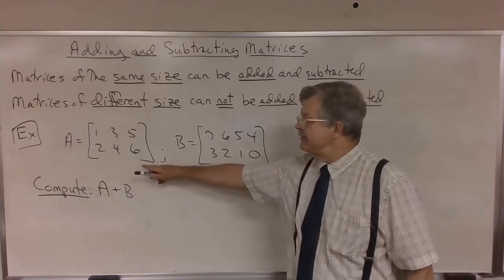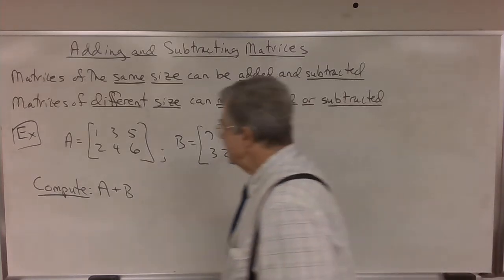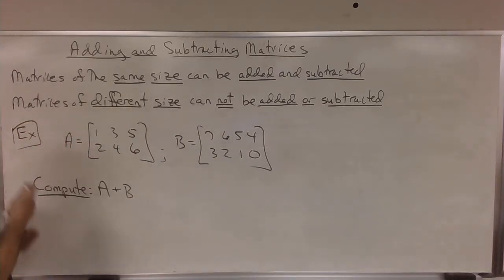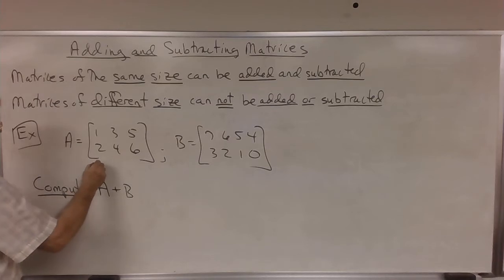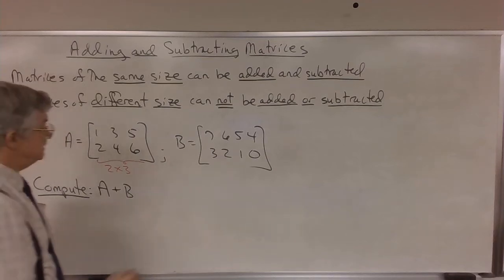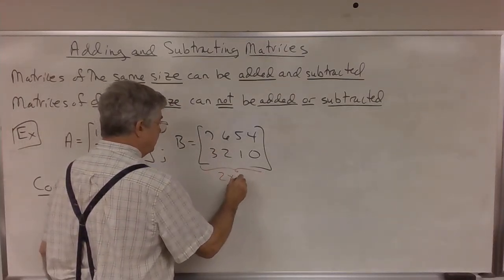So let's look at matrix A and matrix B. And we're told to compute A plus B. Well, A, 2 rows, 3 columns. B, 2 rows, 4 columns.